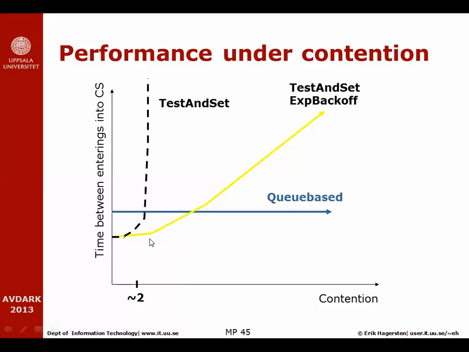We have the Q-based locks. For non-contended locks, it's more complicated to acquire the lock, so we have some complication that's not needed, and that adds some overhead. But once you get into a contended lock, it's actually constant time. It doesn't depend on n. The constant time is proportional to some constant factor times 2. So regardless of how many threads you add, it's roughly the same.